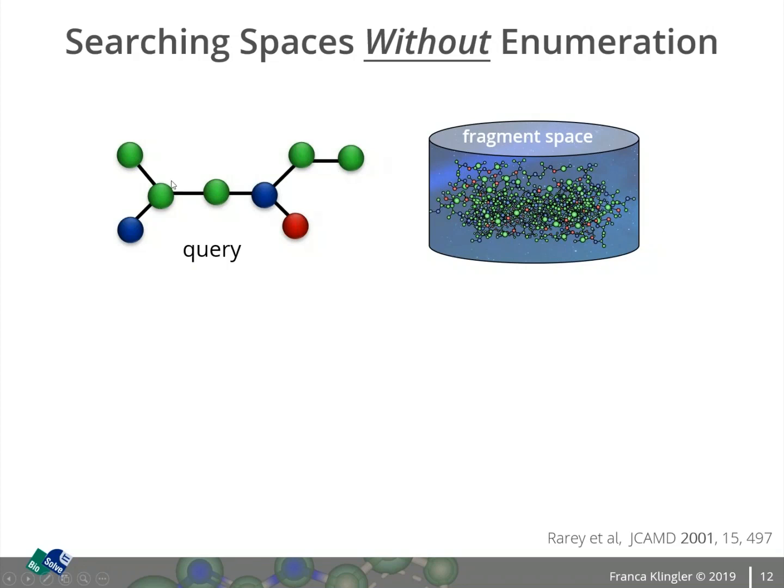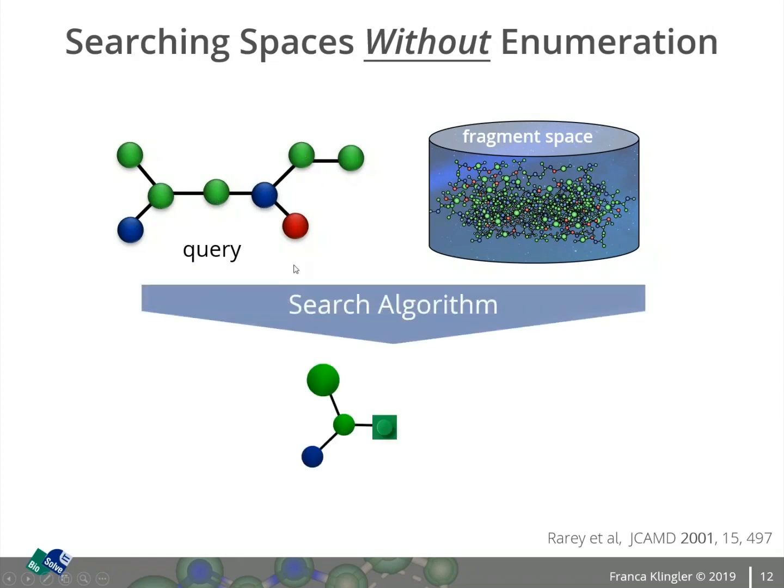And your query is basically a molecule of those feature nodes. And the search algorithm will, like in a little bit of a sequence alignment, find bits that match on your query and will reassemble them over those little linker atoms. This way you can navigate through the space without ever having to enumerate, so write down, all the possibilities.